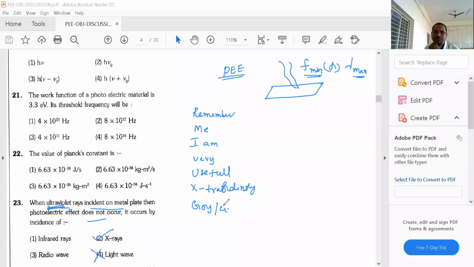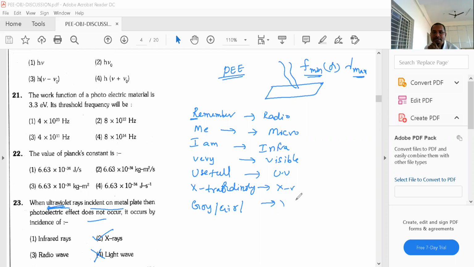I told you. Here R remembers radio waves. Me remembers micro. I indicates infrared. V represents visible rays. U indicates UV rays, X-rays and gamma rays.